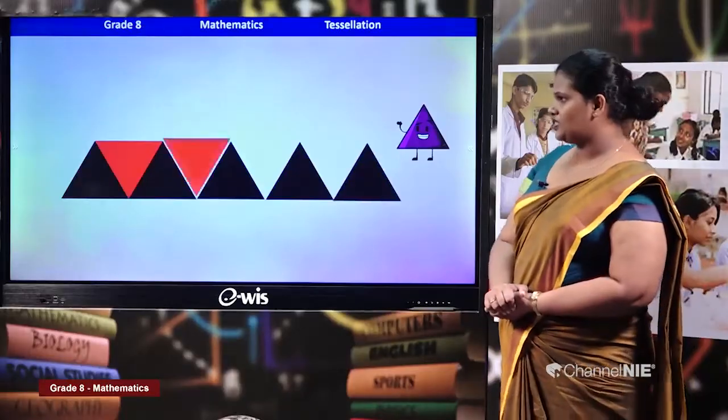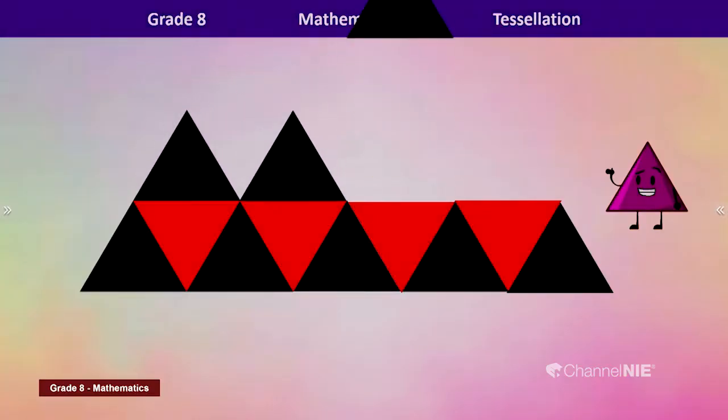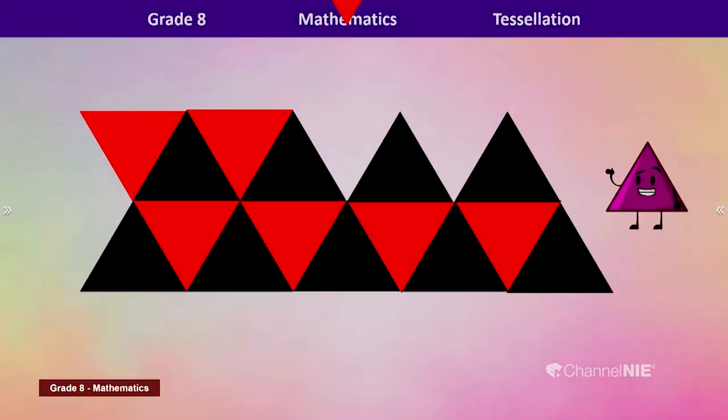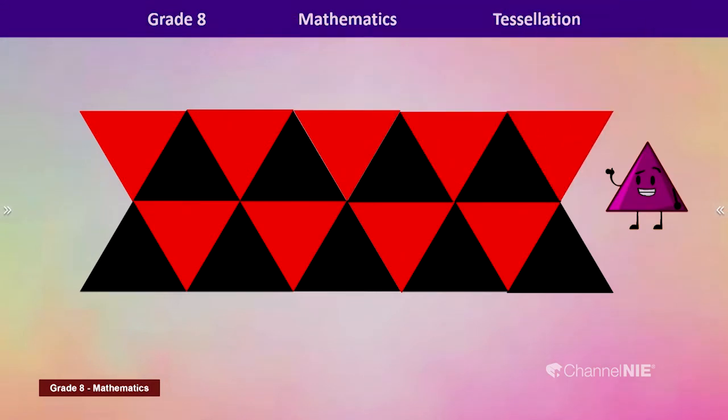Have a look at this. Here we have used only equilateral triangles. Using equilateral triangles, we have created a beautiful tessellation. Here we have used two different colors, black and red.